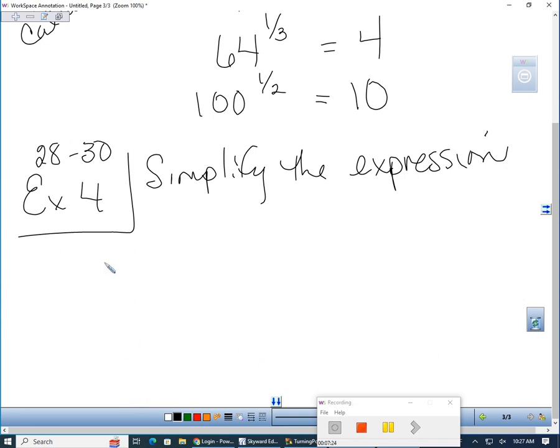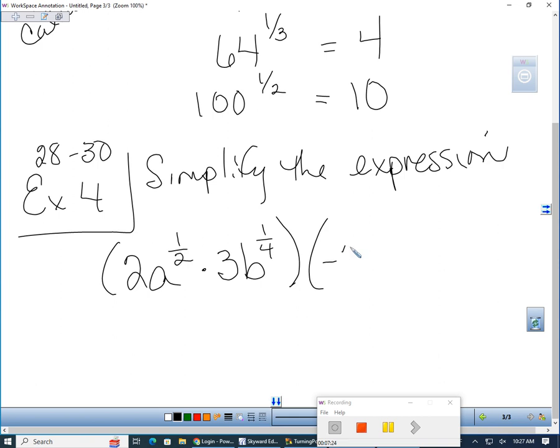So let's say we have 2a to the 1/2 times 3b to the 1/4. We're going to times that by -2a to the 3 halves times 5b to the 1/4.